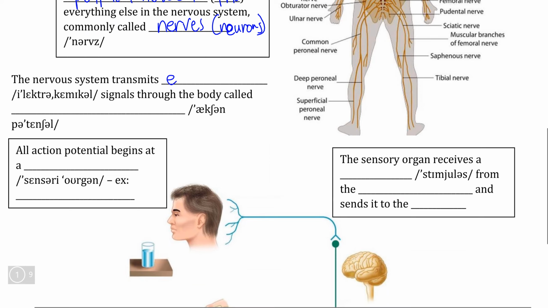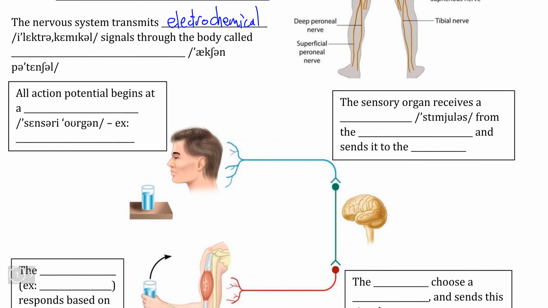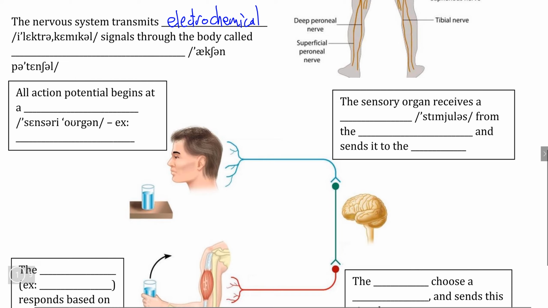Well, most people have the understanding that your nervous system is fundamentally electrical in nature. So the way that your nervous system works is that it transmits signals that are electrochemical in nature from one nerve to another nerve, back and forth from the brain. And this electrochemical signaling that is transmitted is what we call action potential. We will explore what action potential is in its own series of videos.